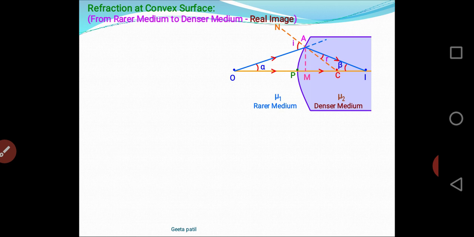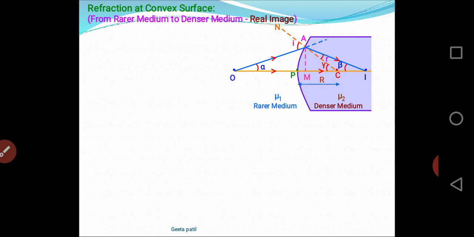Beta be the angle made by refracted ray with principal axis. Gamma be the angle made by normal at center of curvature with principal axis.